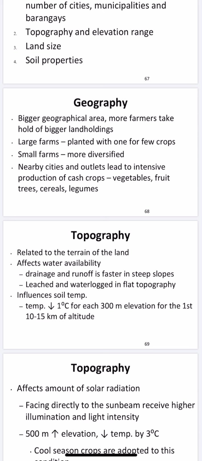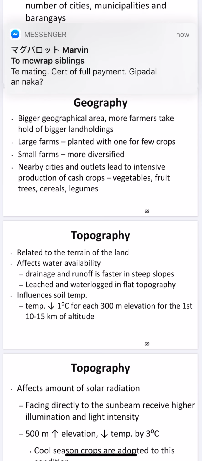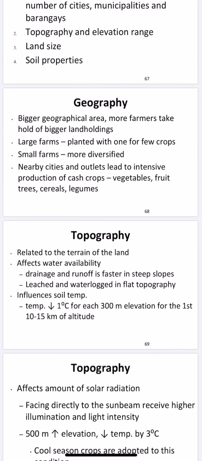In large farms, planted usually with one or few crops, while small farms are more diversified. And this actually is fascinatingly true. And nearby cities and outlets will lead to intensive production of cash crops, vegetables, fruit trees, cereals, and legumes.